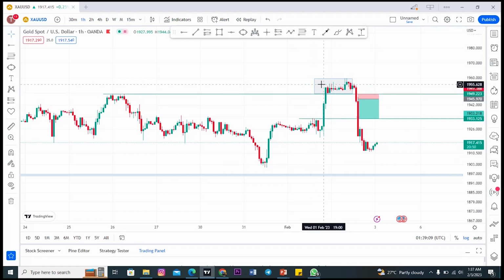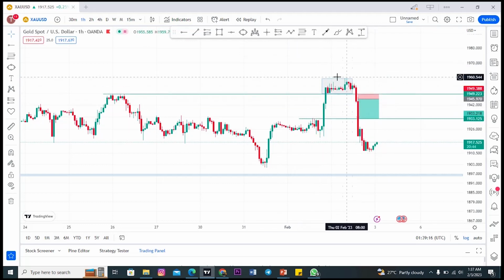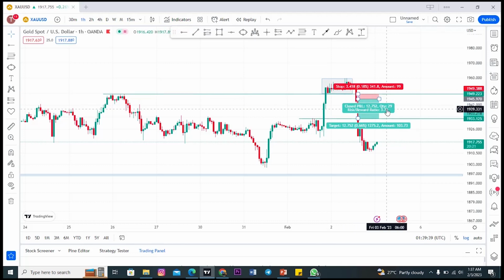Now you can see I have some boxes right here. All that was happening here was simply a manipulation in the market. So I was waiting for price to keep rejecting and rejecting till it came back into my resistance zone or level, then I would execute my trade.